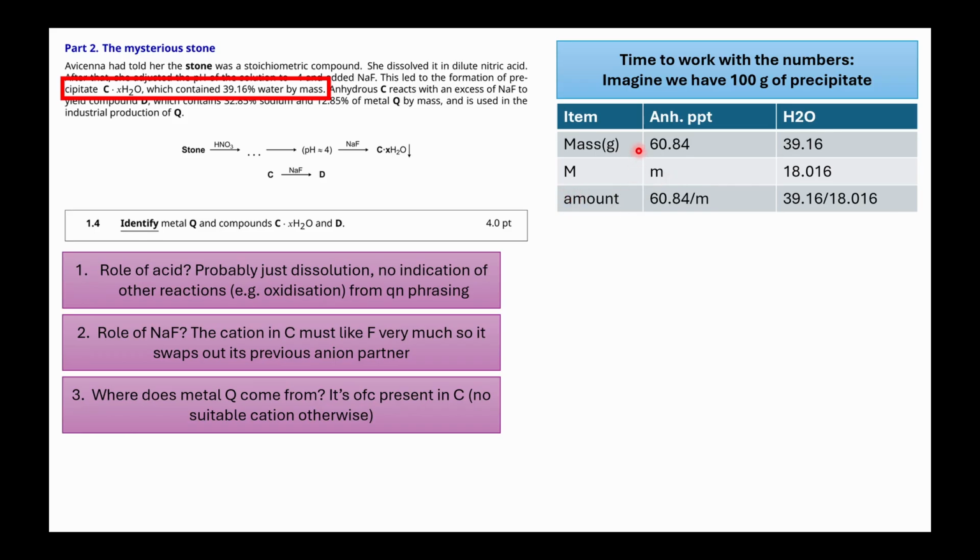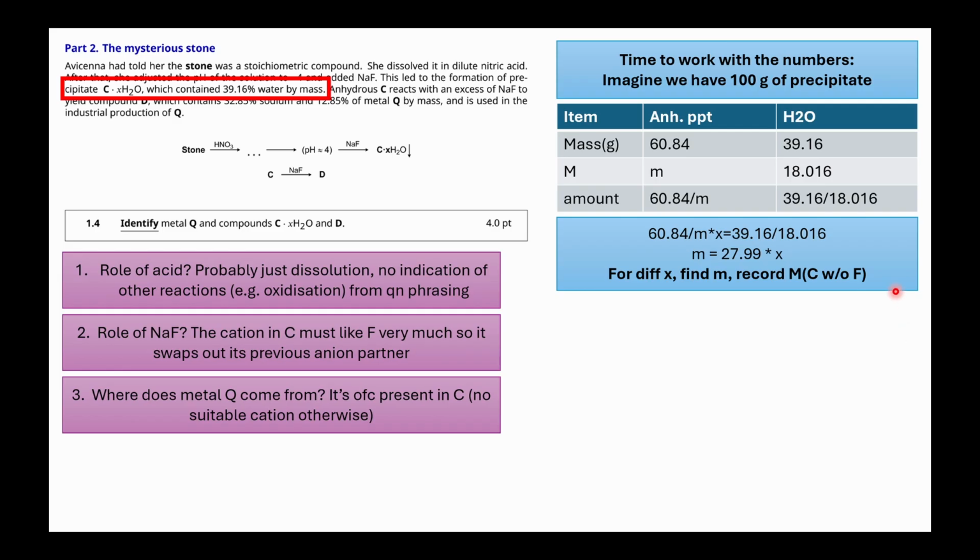So the amount is the number of moles, so it's the mass divided by the molar mass, and that gives you these two expressions. So we know from this formula here, the ratio of water to C is x to 1. So we're going to equate that. So this to this is 1 to x.